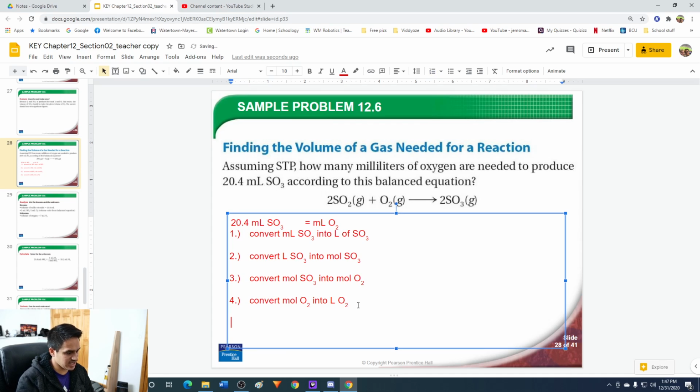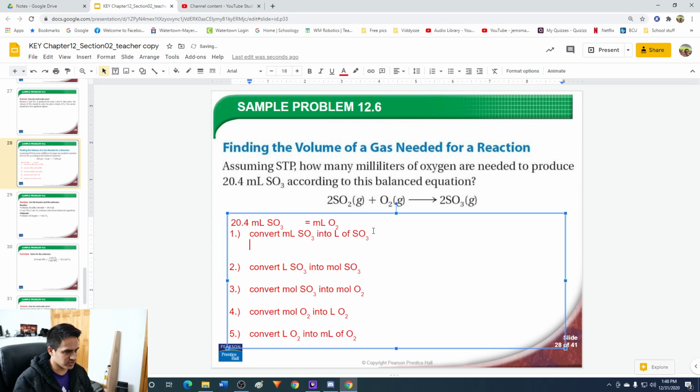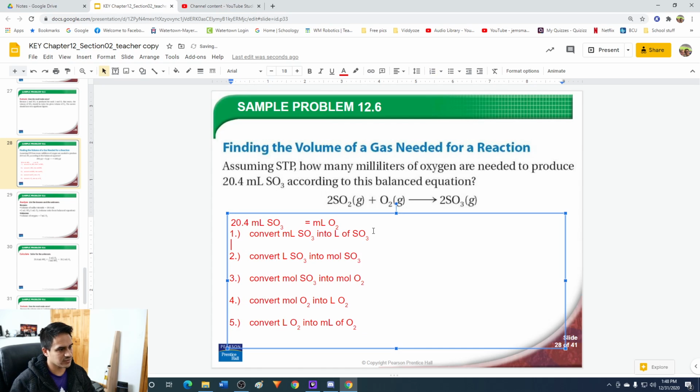And then lastly, we will convert our liters of O2 into milliliters of O2, because the final answer does want milliliters. So it's like we're adding one additional step at the beginning and the end, and that is just having to get from milliliters into liters. That way we can use our molar volume conversion.